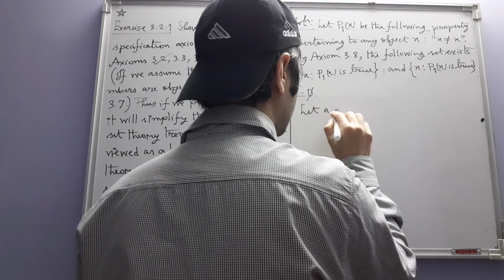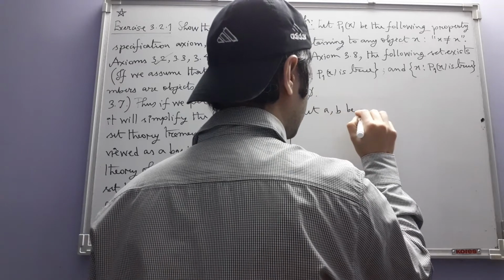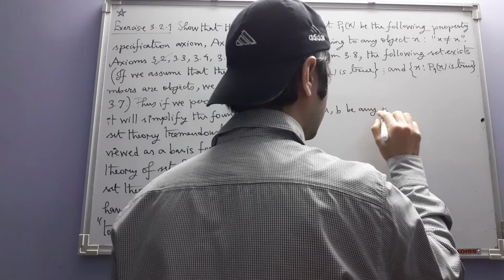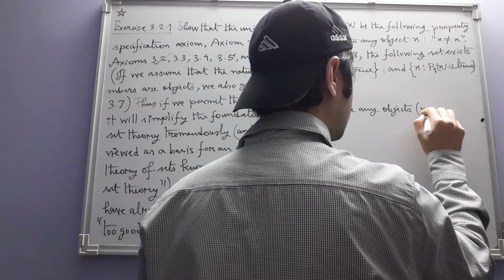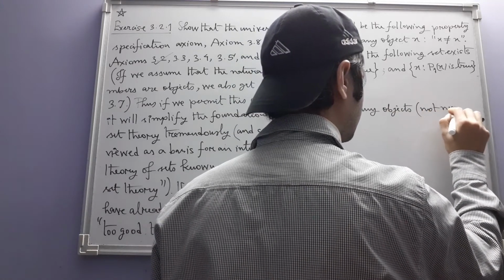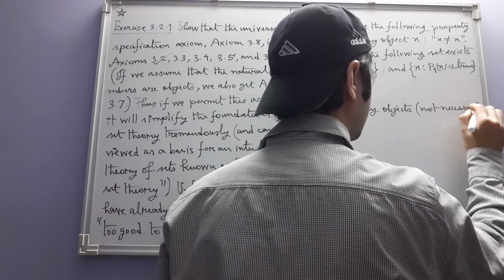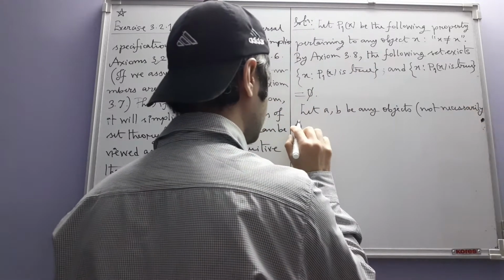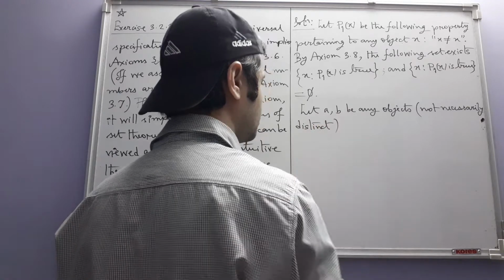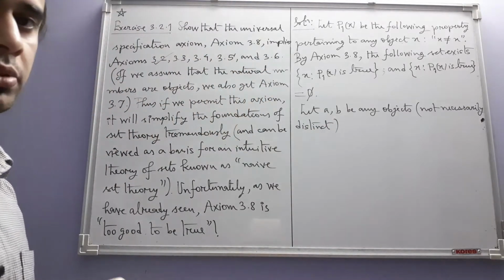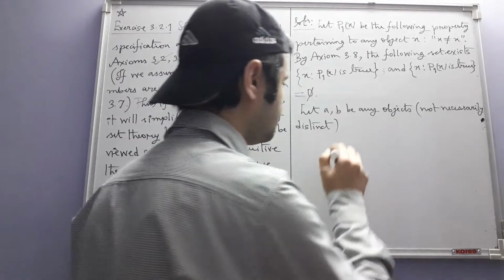Next we come to the axiom of pair sets and singleton sets. Let A and B be any objects, not necessarily distinct. They may be distinct, or they may be two different names for the same object.